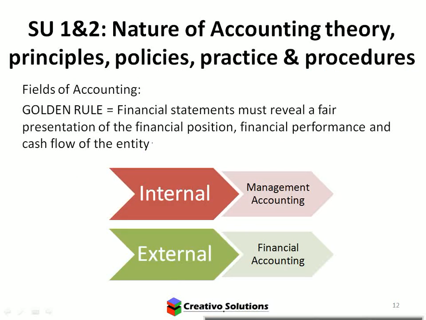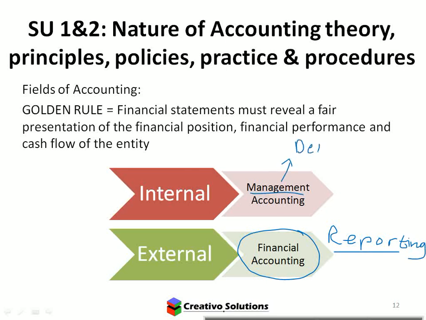We spoke about this earlier, internal and external. You guys are looking at this one, the financial accounting. Why? Because it's the reporting. It's not the detail in terms of management. Management accounting is more detailed. So you get different types of accountants. You get management accountants, you get financial accountants. The financial accountants focus more on the reporting.